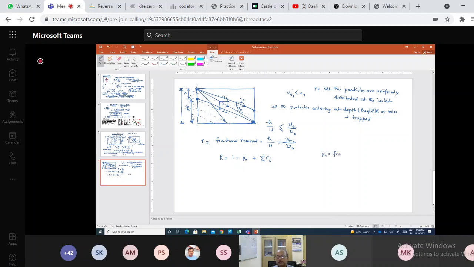P0 is the fraction of particles having settling velocity equal to or less than V0.